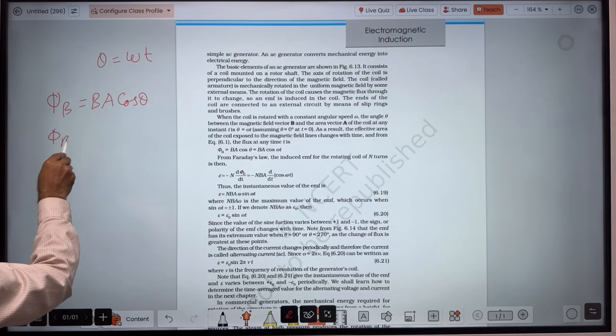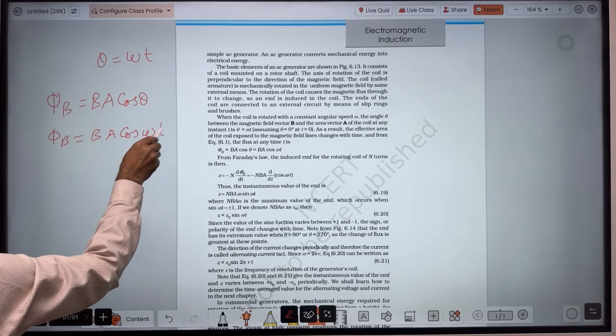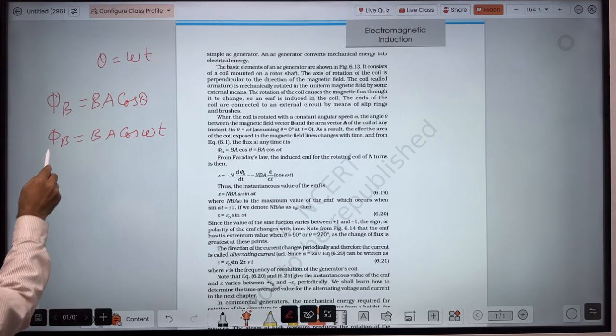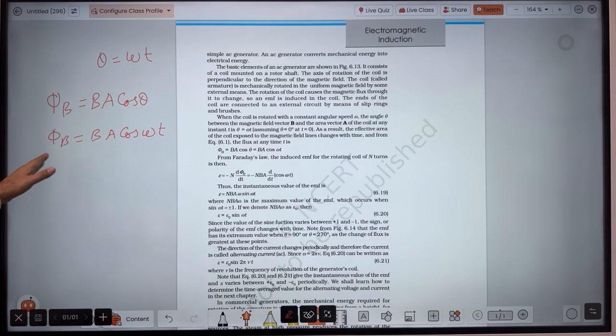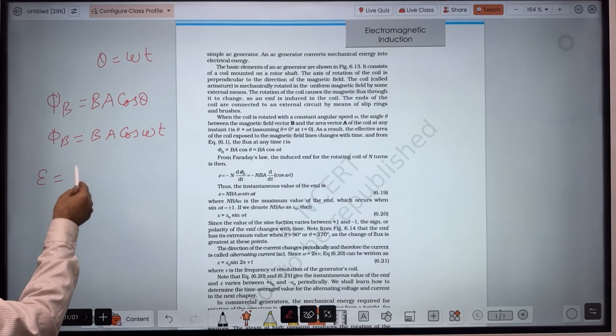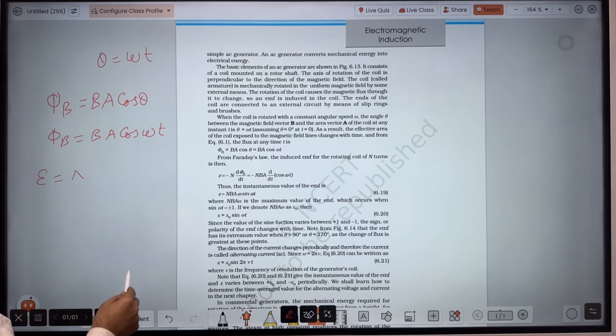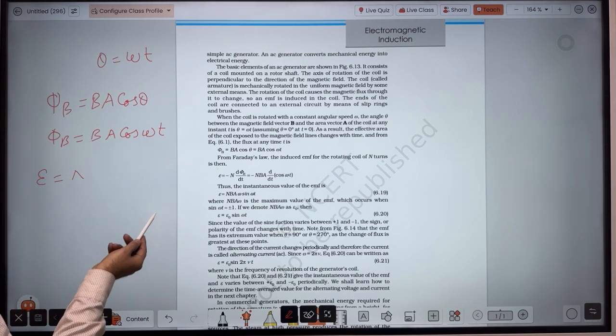So phi B is B A cos omega t. If there are N turns, then this can be written as N B A cos omega t. So we find EMF E equal to, so we take the absolute value, or if we don't take it, then after differentiation a minus sign will come and that will automatically cancel it.